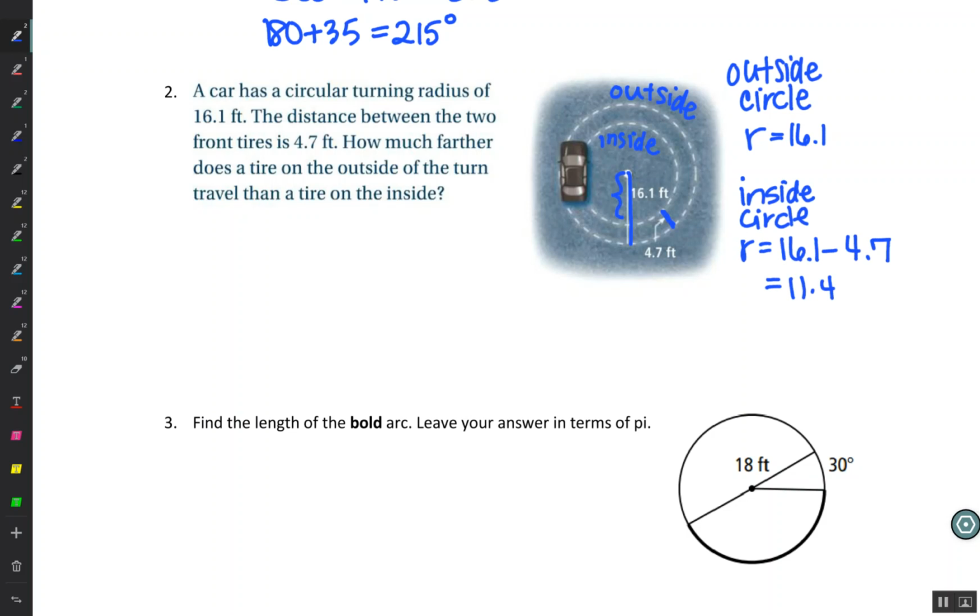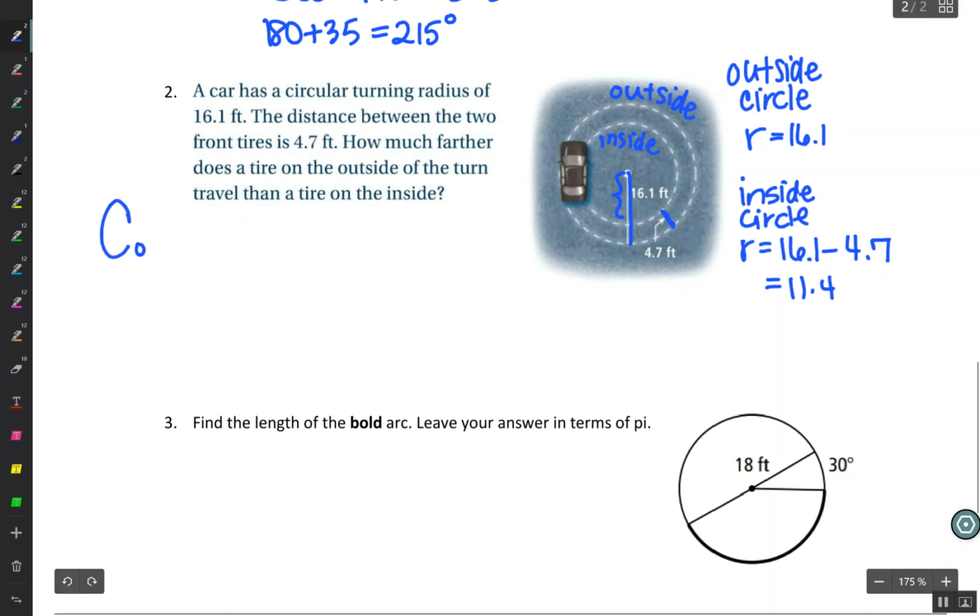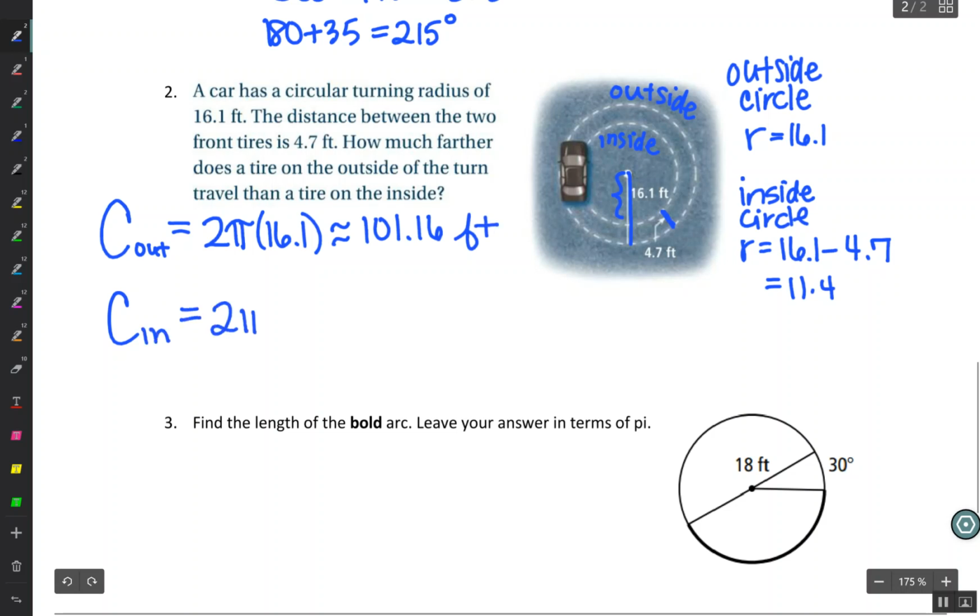Okay, so we're just going to find the circumference of each circle and then subtract them. So the circumference of the outside would be 2 times pi times 16.1, which is about 101.16 feet. And the circumference of the inside is 2 times pi times 11.4, which is about 71.63 feet.